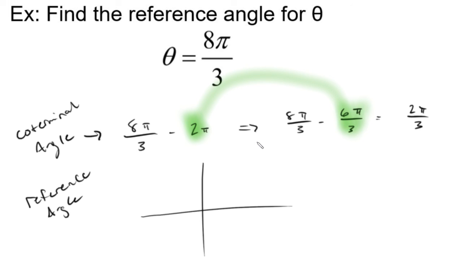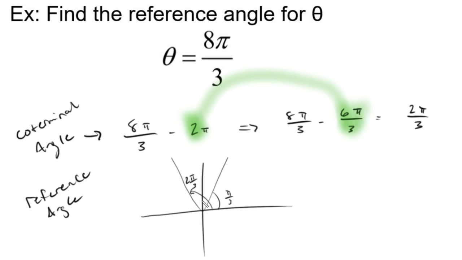Every pi over 3 is 60 degrees. So 1 pi over 3 would be 60 degrees. Another pi over 3, another 60 degrees, would be 2 pi over 3, which is what we're after. So this angle here is 2 pi over 3.